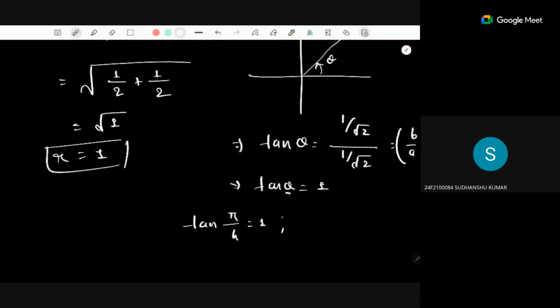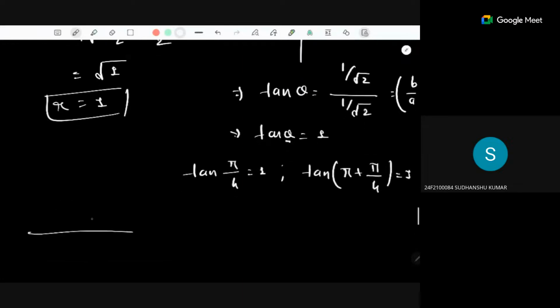If you take tan of pi plus pi by 4, this is also equal to 1, because if you remember the formula from your high school, this formula adds sugar to coffee, right? We know that tan won't change its nature if you take pi plus, so the value of tan of pi plus pi by 4 is the same as tan pi by 4, which is equal to 1.